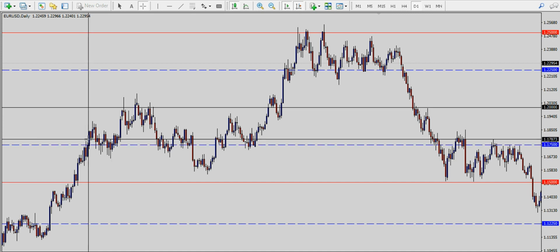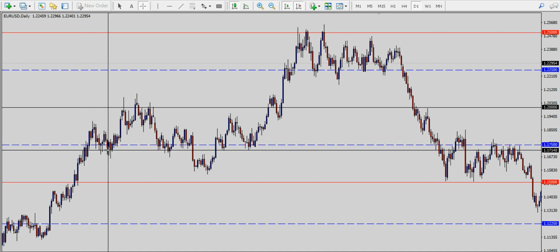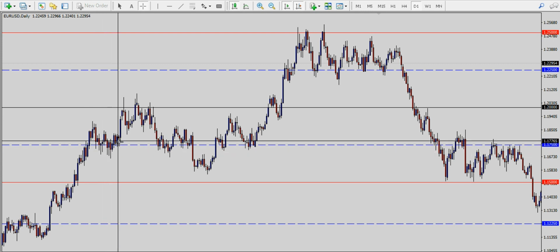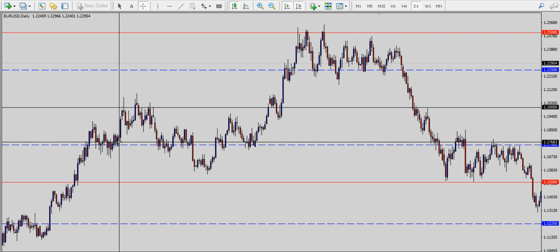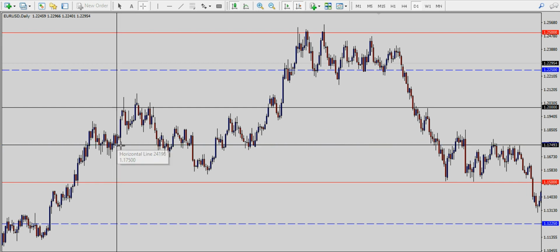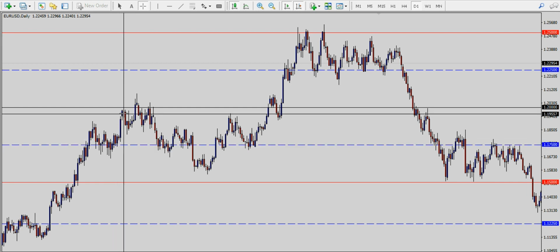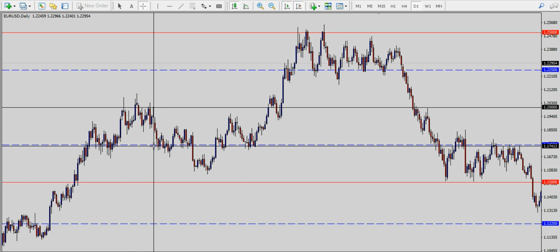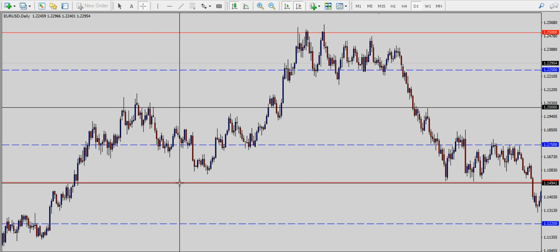Even here, continuation, it broke, came back and retested, but as it retested, it came down a bit and then finally stood on top of our key level. And then from here, if it cannot break, it must come back to the previous key level.